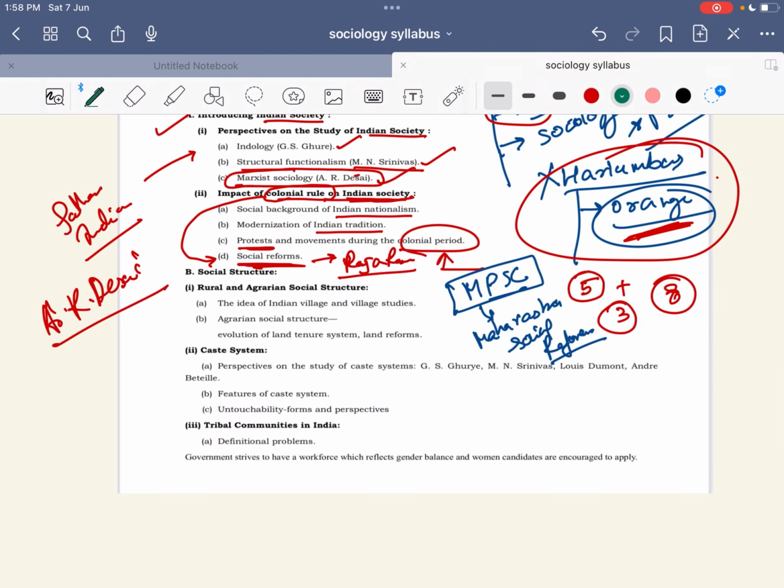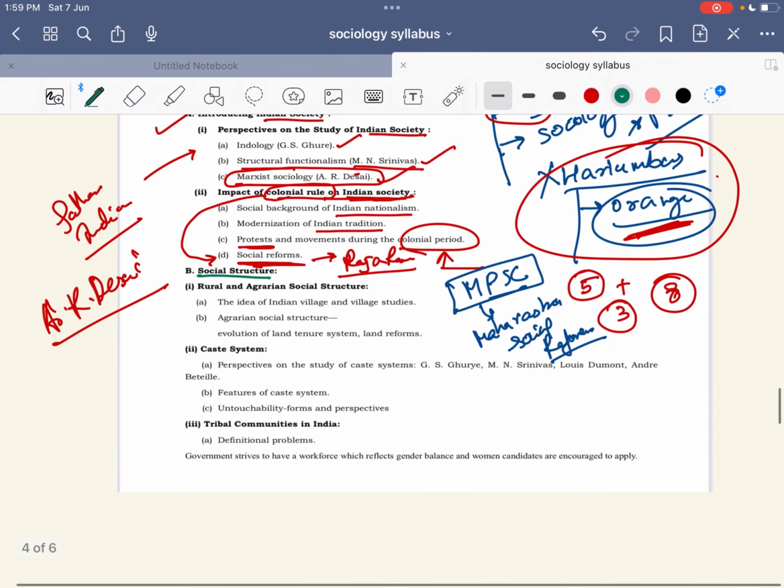And again we will move forward, and see, B, social structure, rural and agricultural societies. So we will study what is the difference between rural society, okay, and modern society, and agrarian society, means those societies which are totally dependent on agriculture, है ना. Then we will see village studies.